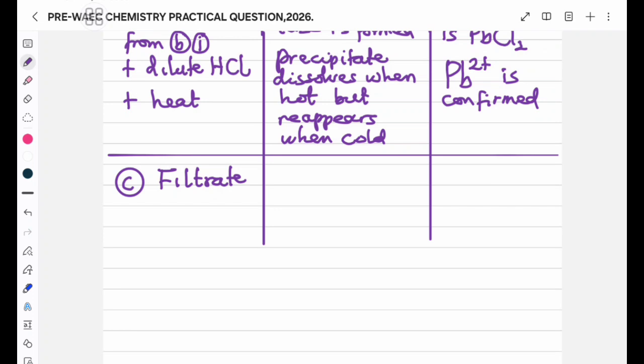If you are asked to use iodine solution, you are adding iodine solution. Iodine solution is a confirmatory reagent for starch. If it forms a blue-black color, it is a positive test to show that starch is present. But if it does not form a blue-black color, it confirms that starch is absent.